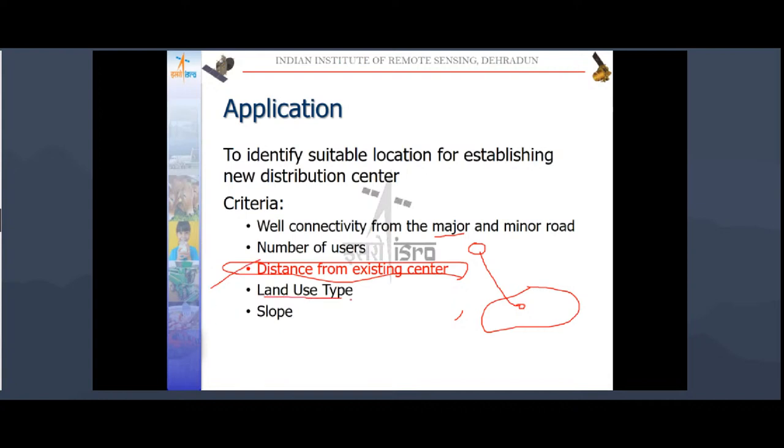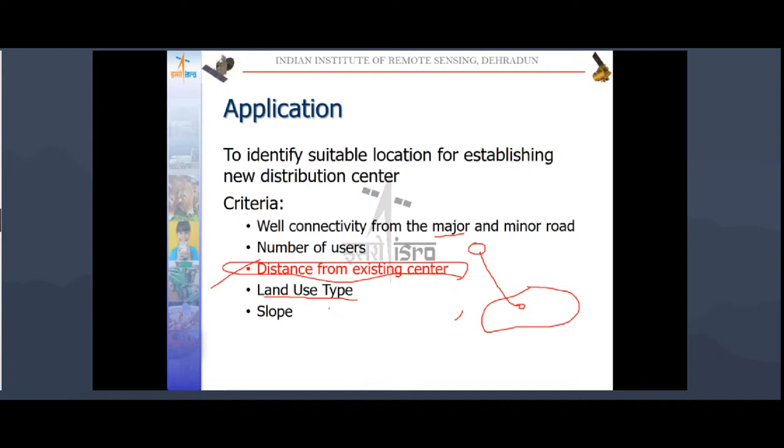Then if you are establishing the center, there should be some criteria on land use types. There are different kinds of land use present. One is forest, water bodies. So obviously in forest and water body you cannot establish the distribution center. So there should be restriction on the land use types.